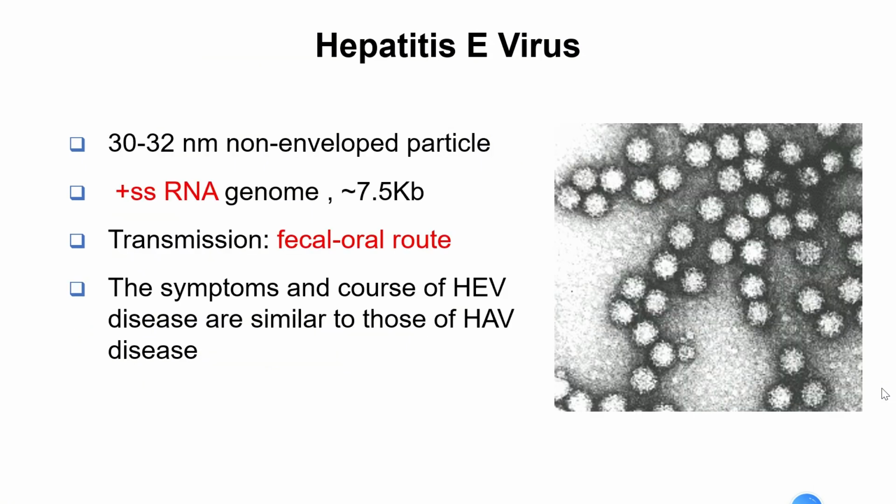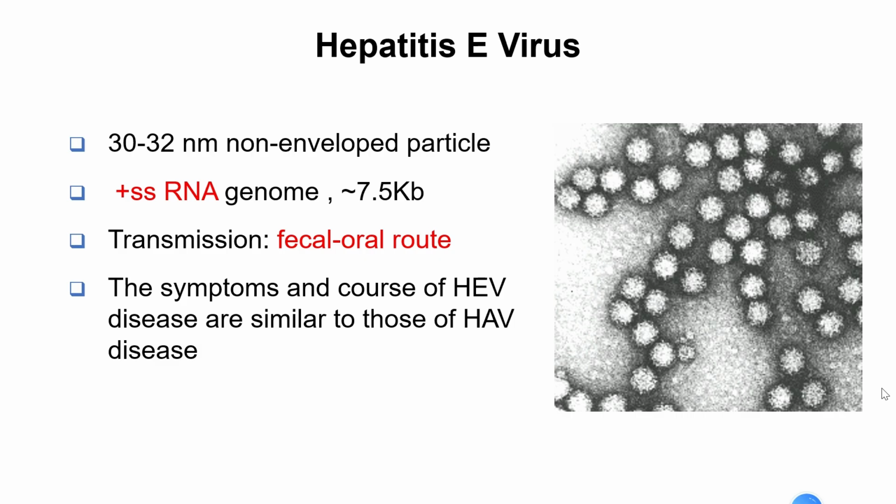The last virus is hepatitis E virus. We want to compare hepatitis E virus with HAV. So they share common characteristics. First, both of them are non-enveloped particles, naked viruses, and the size is also similar.